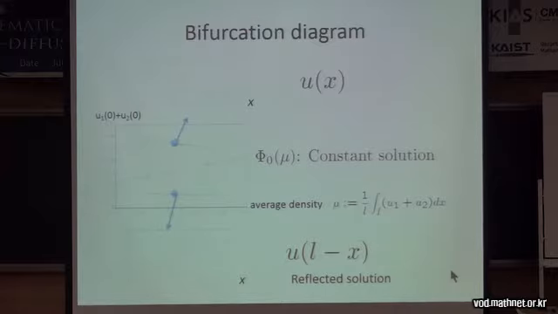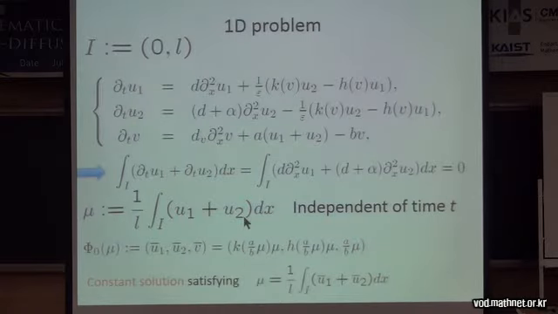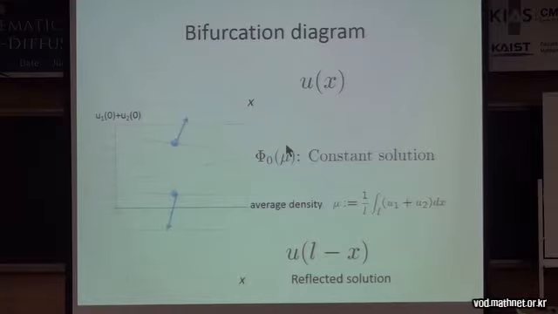I checked the global bifurcation structures of stationary solutions with respect to this preserved quantity. This is a numerical picture. This line corresponds to the constant stationary solution phi 0 mu, and it is stable here and here. But around here some bifurcation occurs, and new branches appear like this.